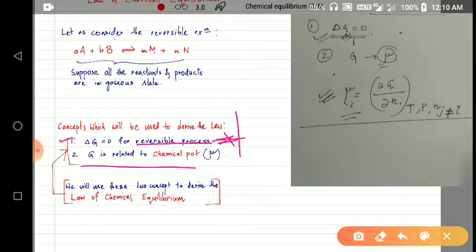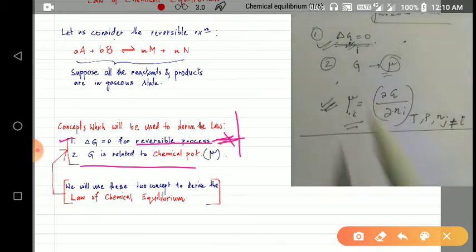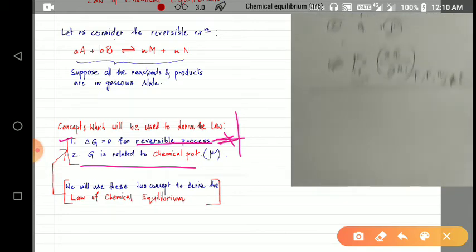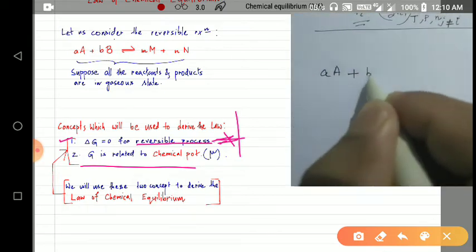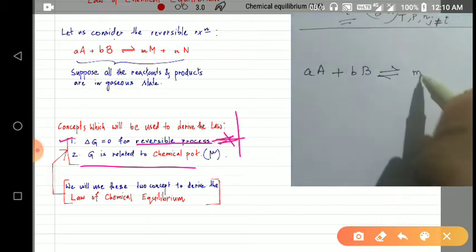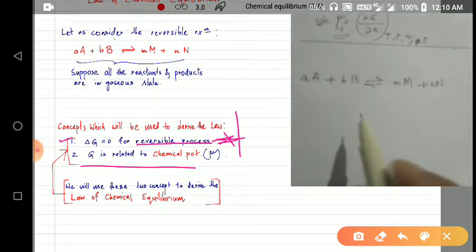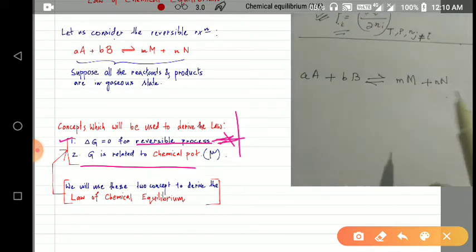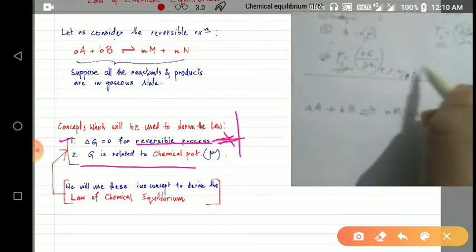So now we're going to derive the relation by using these two. So we have that reaction. What is the reaction? A and B will react with each other, and they will form m moles of M and n moles of N. Okay. So now again, simply this can also be written like that.